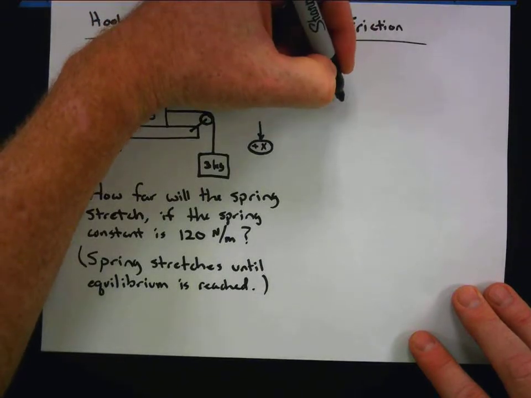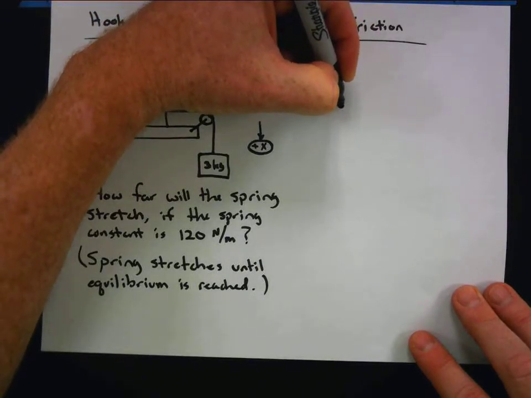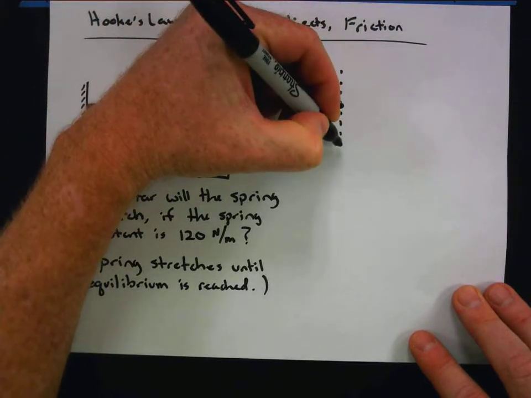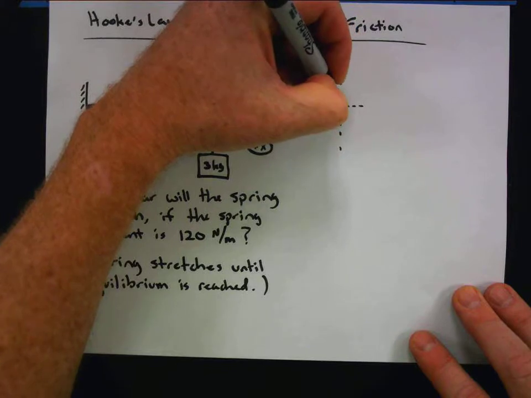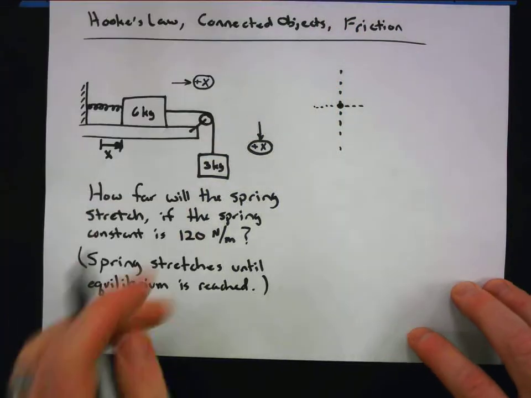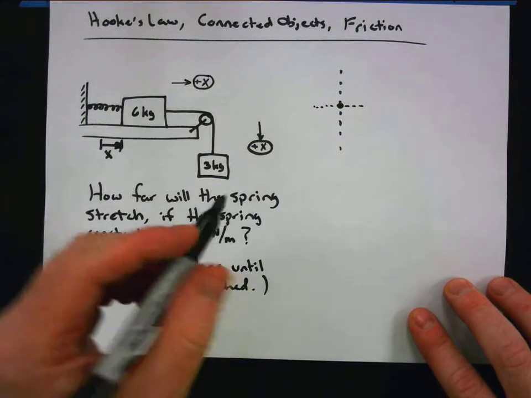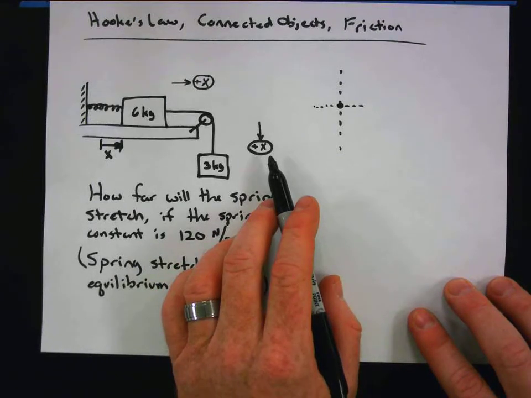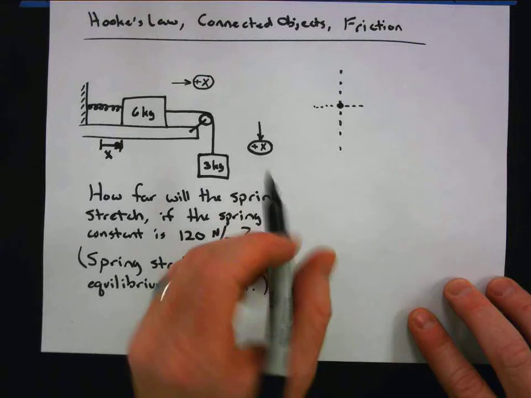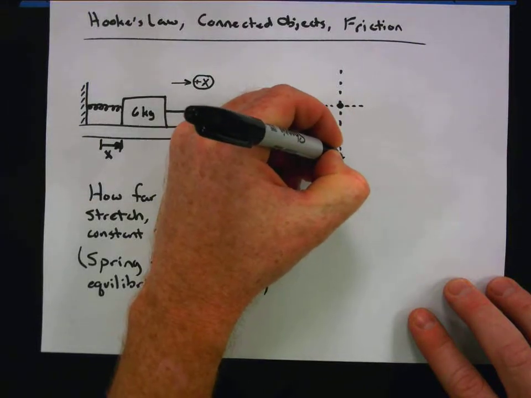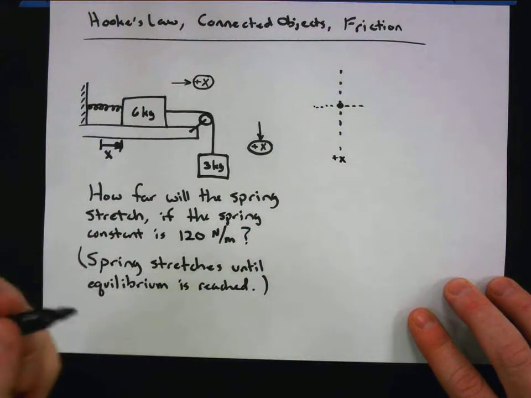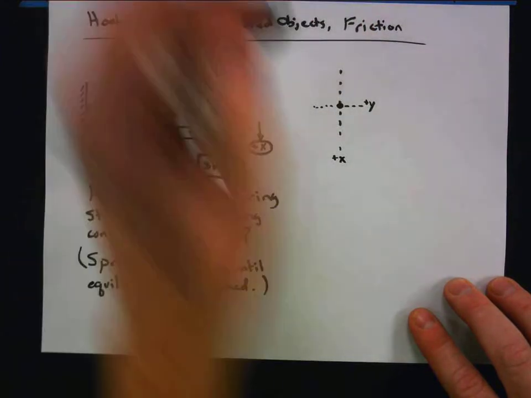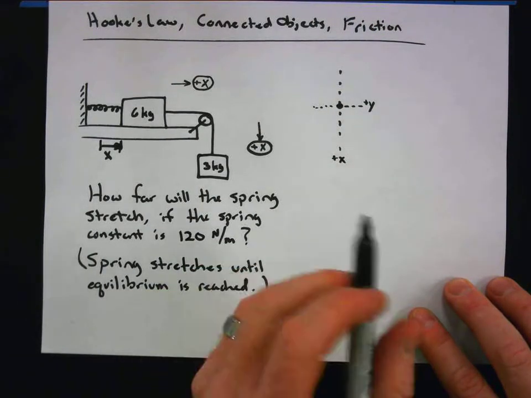I have a situation where a couple of coordinate axes there, and I got to remember though that for this object, down in my diagram will be the positive x direction, and what that tells me is that if I needed it, this would be the positive y direction, but I don't think I'm going to need it.